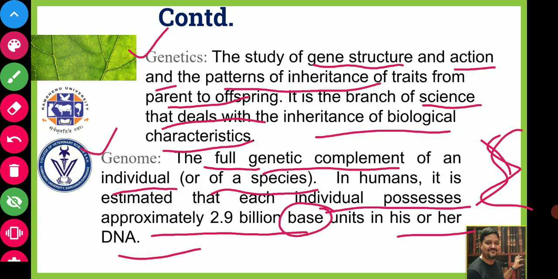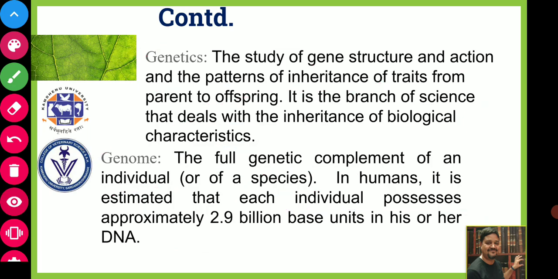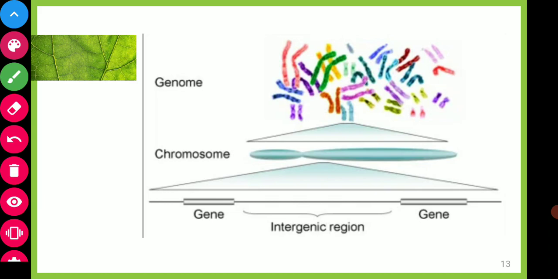We will study in the coming classes the principles of animal genetics, related terms and phenomena, Mendel's law, Hardy-Weinberg law, exceptions to Mendel's law, exceptions to Hardy-Weinberg law, and many more things.